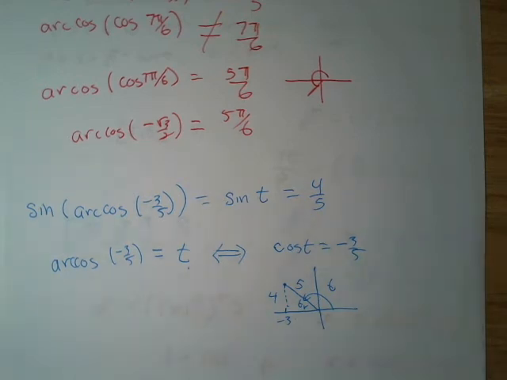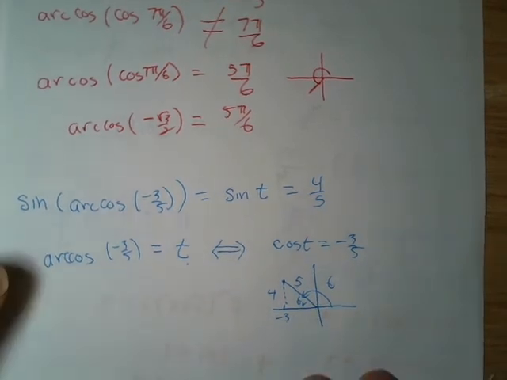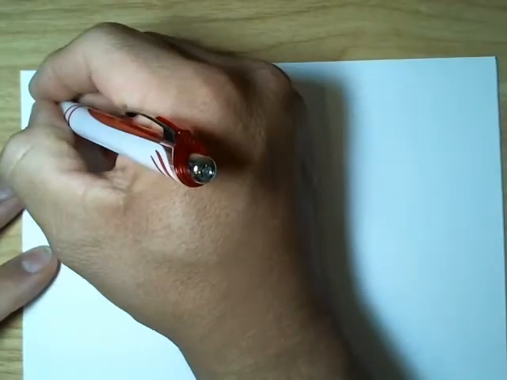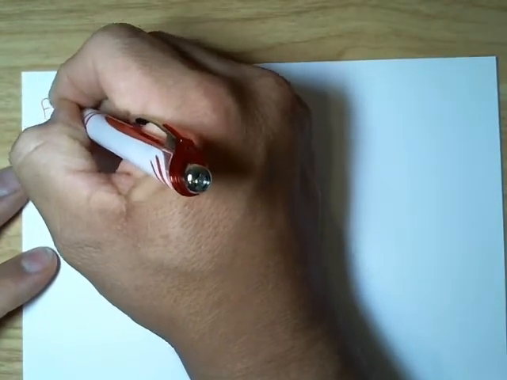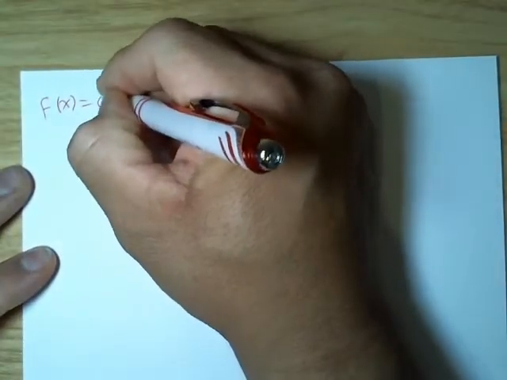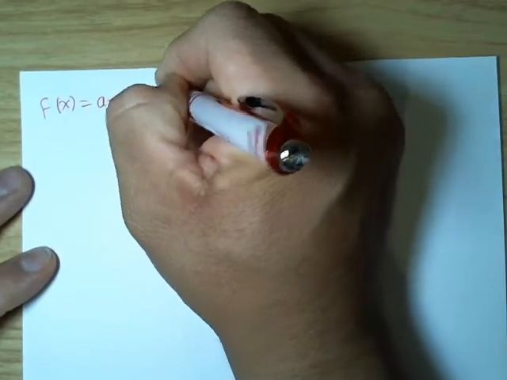Okay, let's take a look now at our tangent and arc cotangent. So f of x is equal to the arc tangent of x.